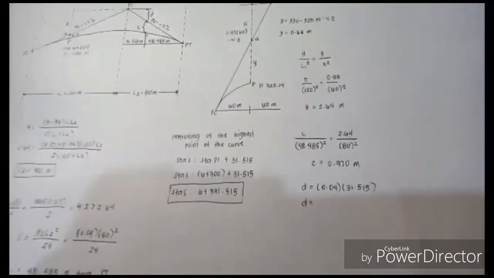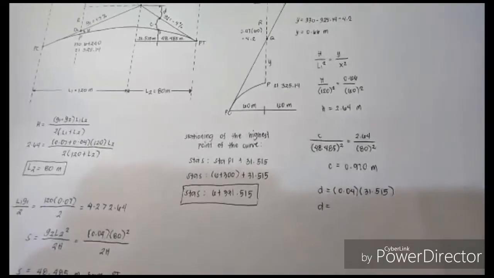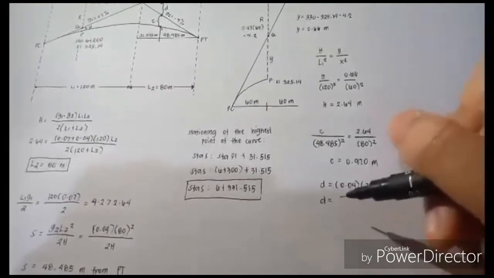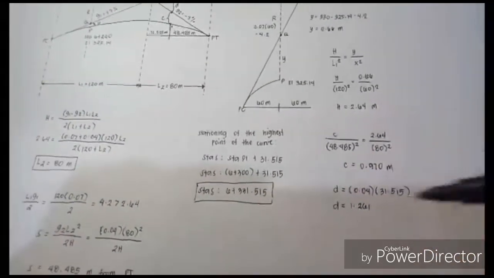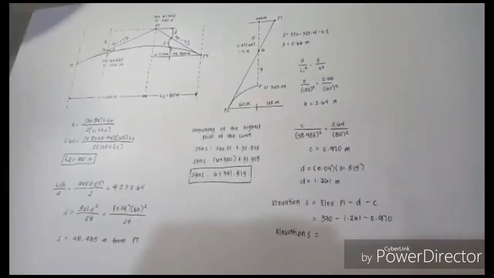And for the D, I just multiplied the 31.515 and the G sub 2, which is 4%. So our D is 1.261 meters.